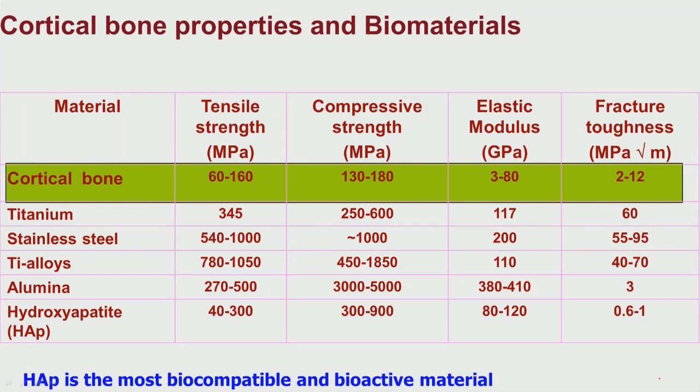Now, in terms of properties, there are two types of typical bone structures: one is cortical, one is cancellous. Cortical bone has a range of properties: tensile strength 60 to 160 megapascal, which is not very high, and elastic modulus 3 to 80 gigapascal. So, 60 to 160 megapascal strength is lower than the tensile strength of many metallic materials.